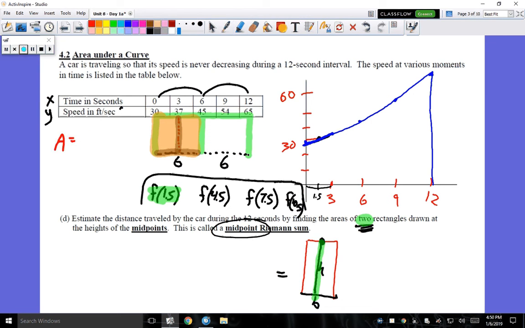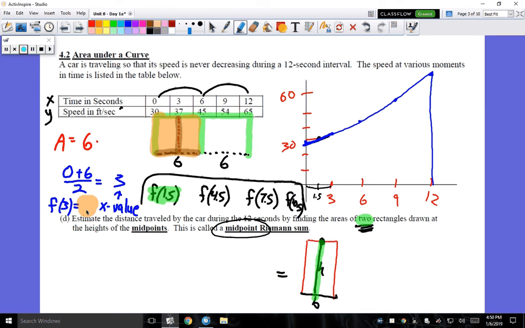So let's go ahead and do that first rectangle. The area is 6 times what height? Again, I have to show you what you would be doing if there was an equation. You would take 0 plus 6 divided by 2, which is 3, and this x value is what you plug into the function, like f of 3, and whatever number you get as an answer is your height for that rectangle.